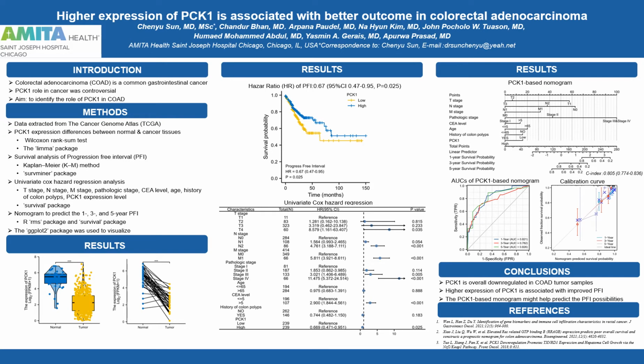So, in the methods, the RNA sequence data and corresponding clinical information of colorectal adenocarcinoma tissue and corresponding normal tissues were extracted from the Cancer Genome Atlas, the TCGA database.